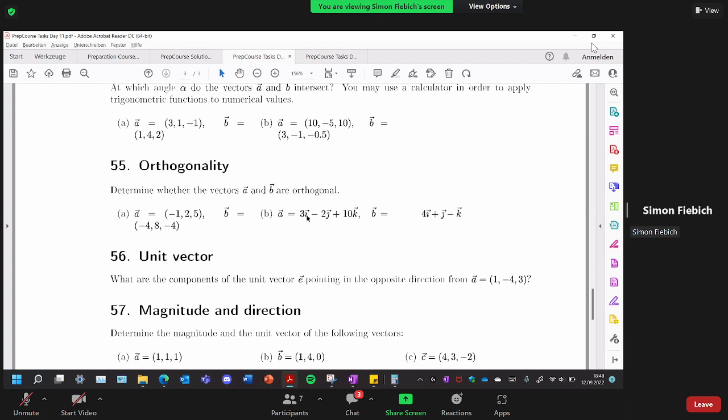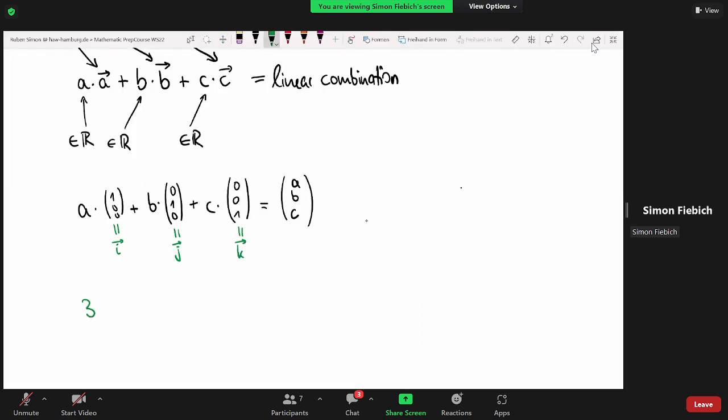So what would be the resulting vector a in this case? If I have 3i minus 2j plus 10k.